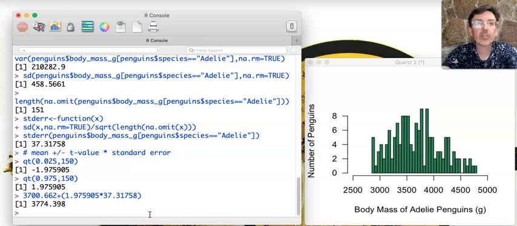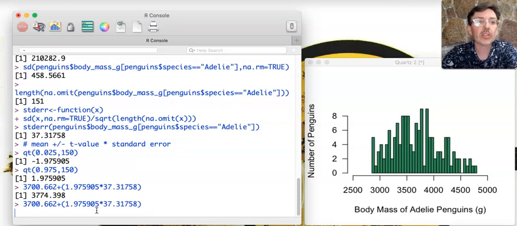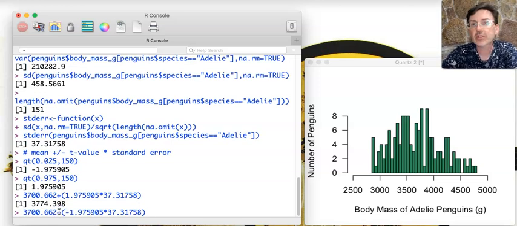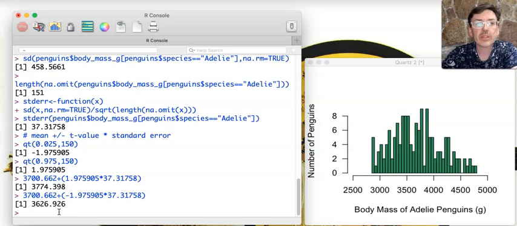And this tells us our upper confidence value is at 3,774. If we want to get our lower confidence interval, we put in negative values. And so that's 3,626. So let's look at this graphically.